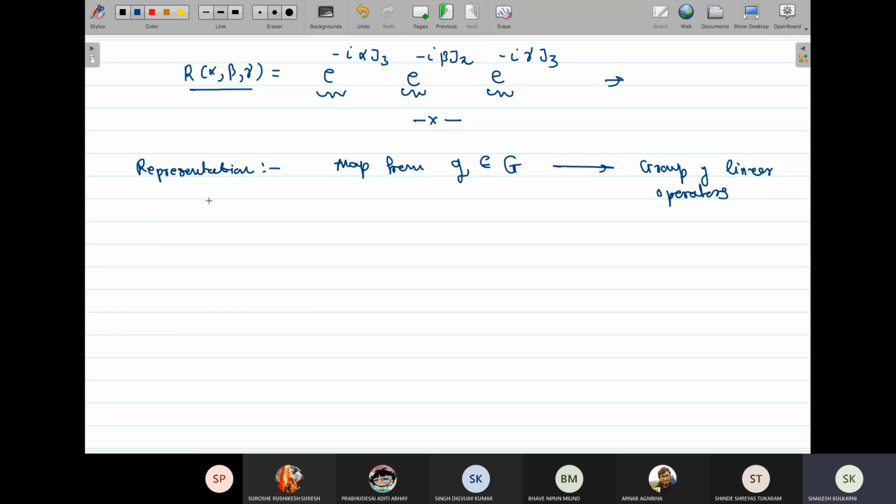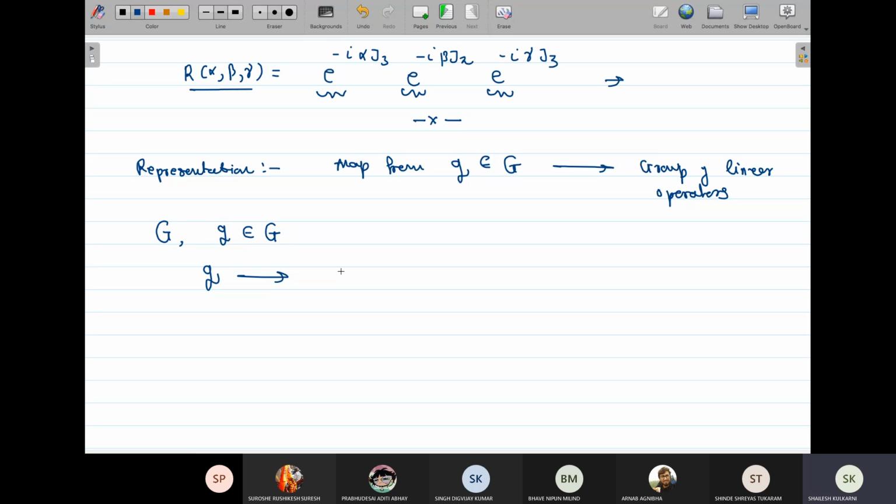So you consider a group G and any element small g in that group. Then the representation is what? You give me a g and I will give you a linear operator.